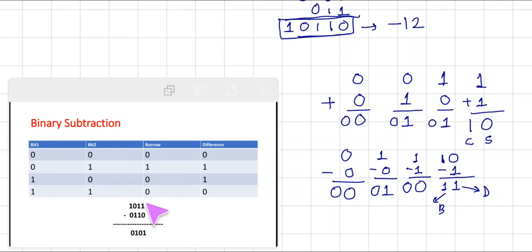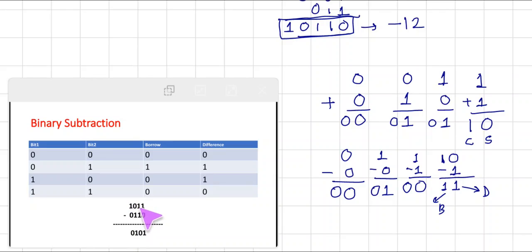Here in this case, let us see 1 minus 0, that is 1. 1 minus 1, that is 0. But for 0 minus 1, we need to have a borrow. So that is 2 minus 1 is 1. The borrow is given back, and 1 minus 1 is equal to 0. We can easily understand what this number is.